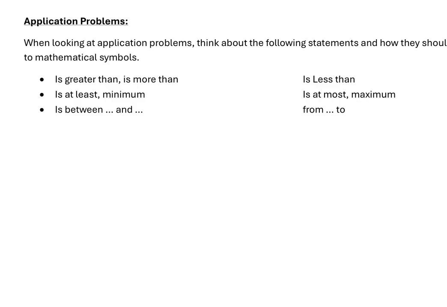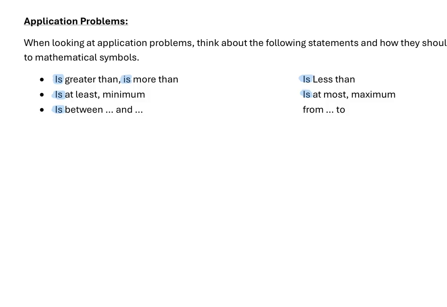And so one of the first things that you're going to see when we talk about inequalities is notice that we have this word is in a lot of these. Just like when you see is in regular statements and it means an equal sign, if we add on to that is greater than, is more than, is less than, this is an indicator that we are talking about an inequality statement.